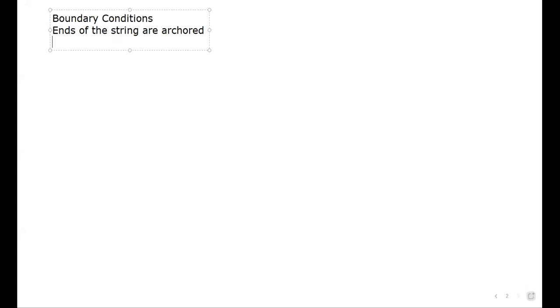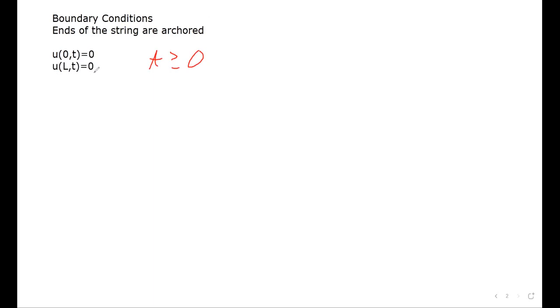So that means that our u at 0, t is going to equal 0, and our u at L and t will also equal 0. So no matter what time we have, at 0 and at L, the ends of the string are always going to be right there in the middle. And this will be for any t greater than or equal to 0.